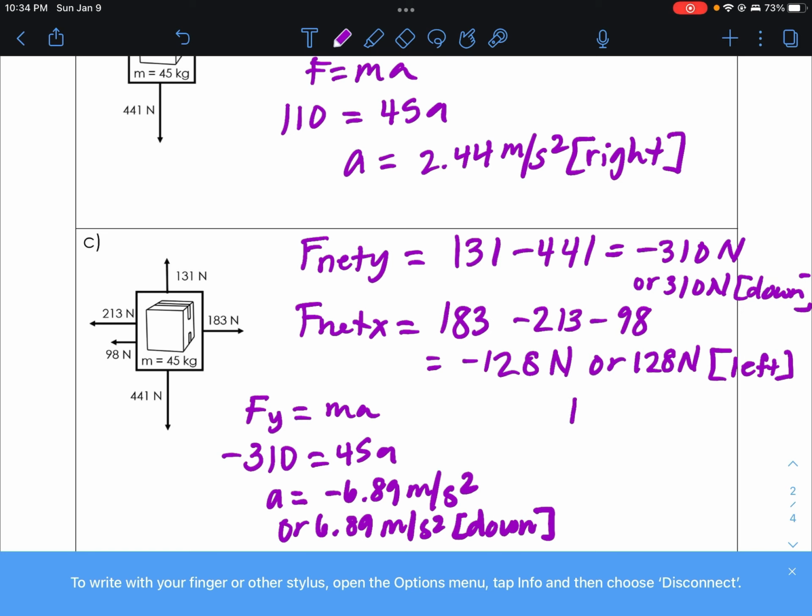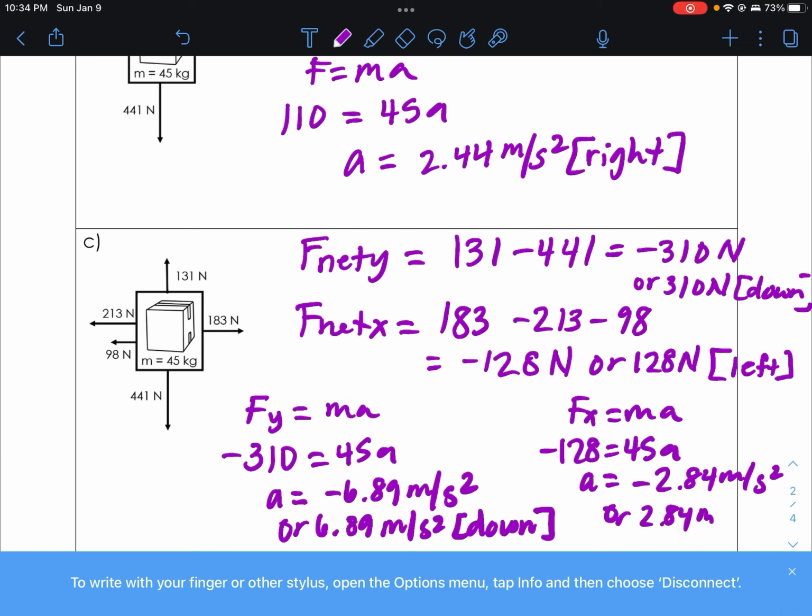And Fx equals ma, so I've got negative 128 equals 45a. So a is equal to negative 2.84 meters per second squared, or 2.84 meters per second squared left.